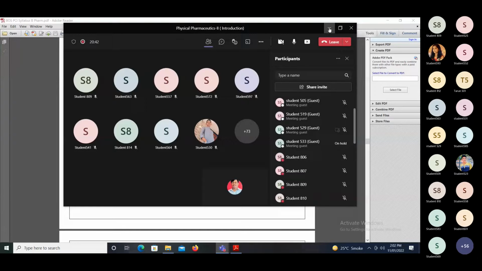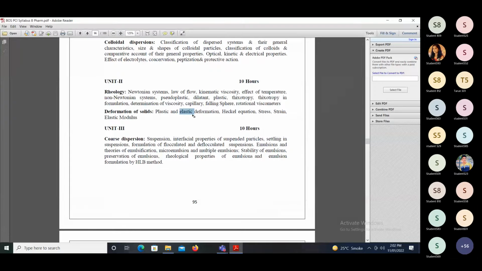Then the elastic deformation and plastic deformation of the materials. Afterwards the Hooke's equation for stress and strain, that part we are also going to discuss here, and then the different types of elastic modulus used for the determination of the flow type of the materials.